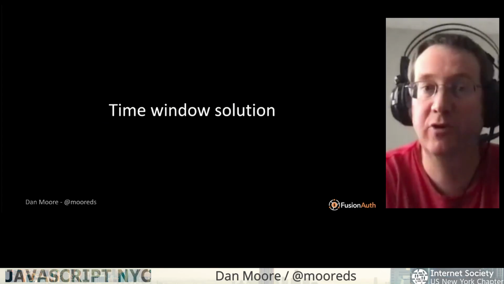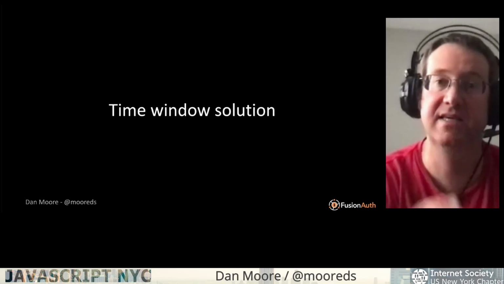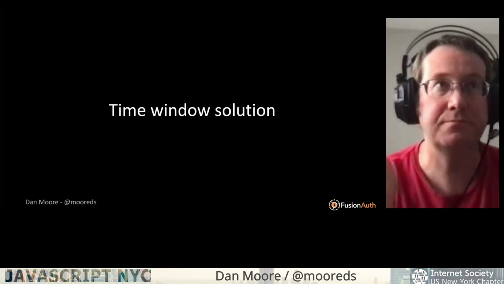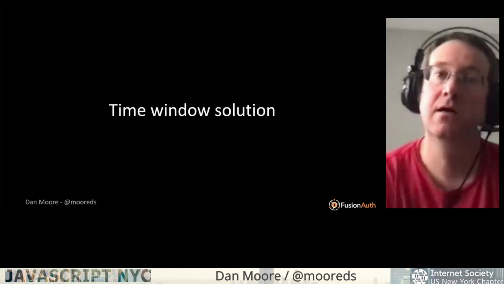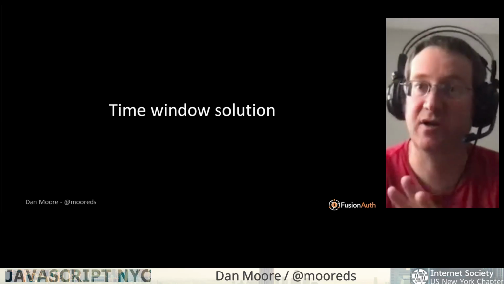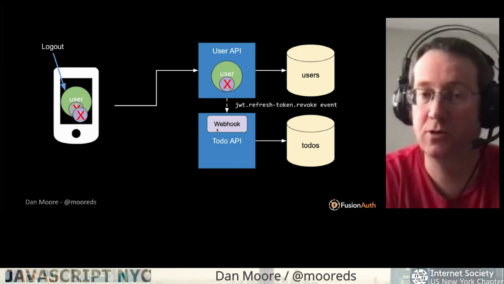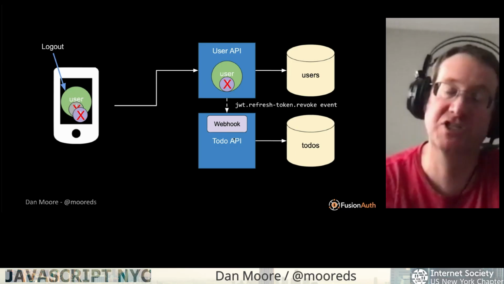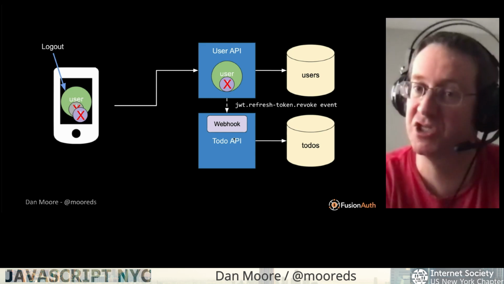You also have this time window solution, which basically pushes some state into the various consumers of the JWTs. I'm going to scoot through this pretty quick because I don't have a ton of time. In this case, in addition to registering for delete events, you register for logout events.